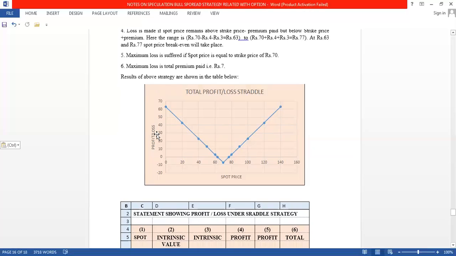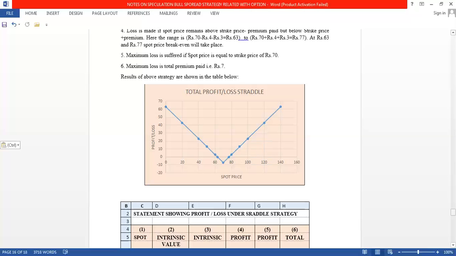So this is a very attractive strategy because you just see the diagram, the loss zone is very small. This is my loss zone. Actually, this loss is occurring if the spot price of the underlying asset is lying within 63 and 77. In that case, we are making loss.